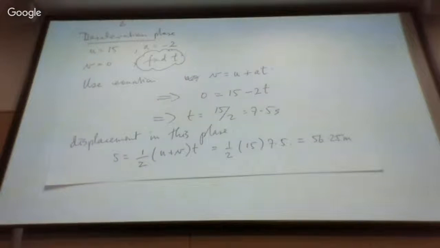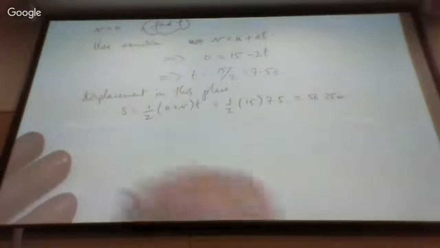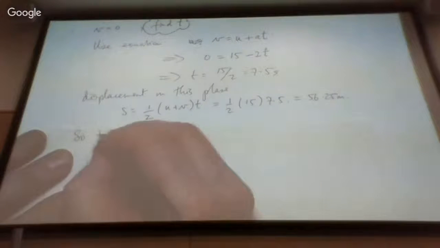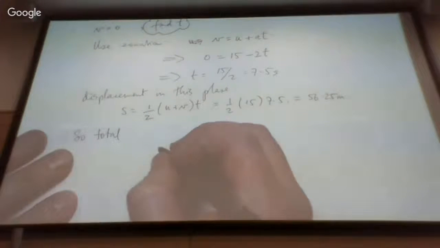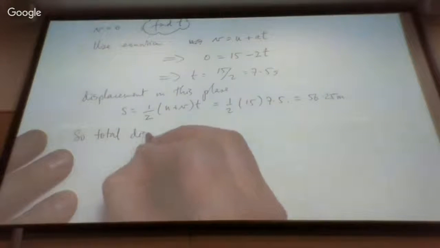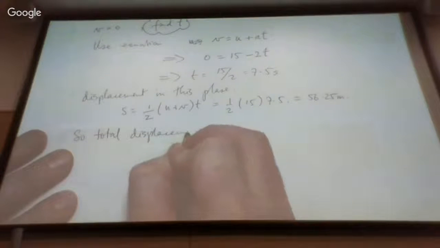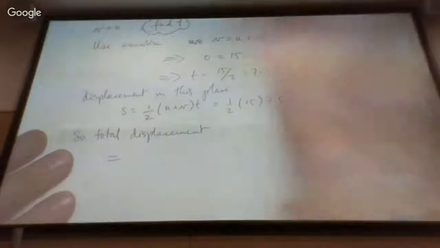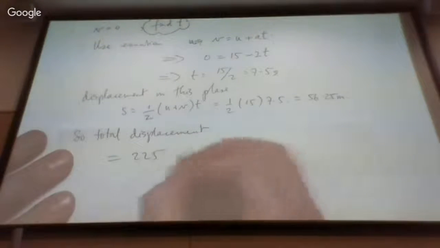Now that's just the displacement in this phase, so the total displacement across the three phases is just the sum of the three displacements. So the total displacement is just to add up the three displacements we've got.